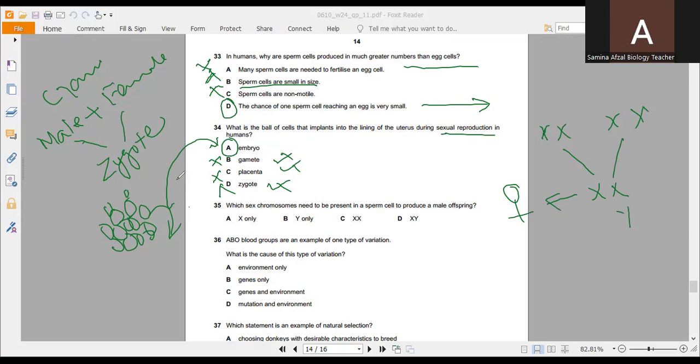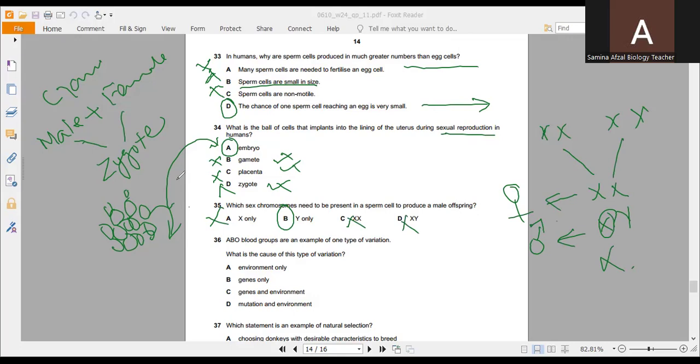And if the Y is there, then there will be a male offspring produced. So Y is required from male side, X is not required because already X is present in female. So B is the correct option.